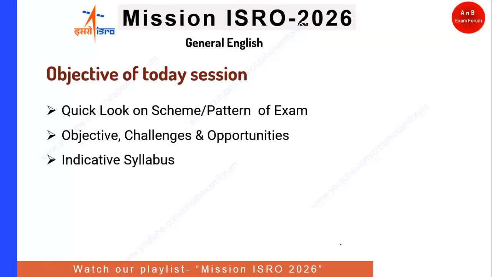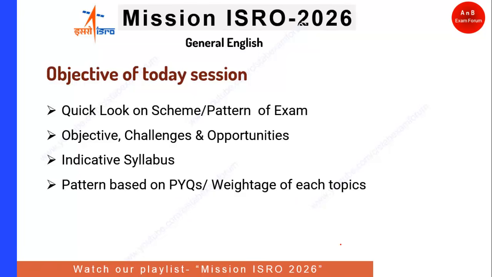Thereafter, we are going to see the indicative syllabus that they have given in their notification. Afterward, we are going to see the pattern based on PYQ, or in other words, the weightage of each topic in the General English section. Afterward, we are going to see how to prepare this particular section for your exam. And finally, we are going to give you a reference book for General English.